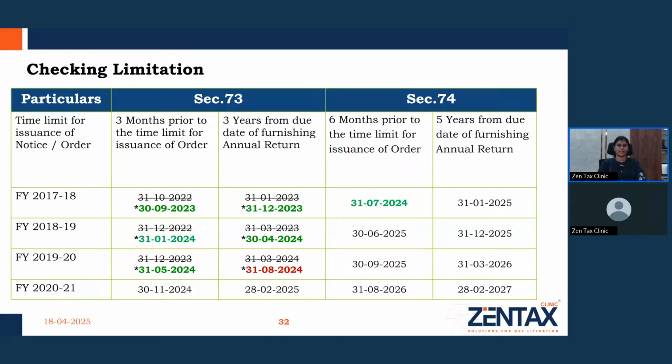Hence, for financial year 18-19 to 2021, we can expect orders in the upcoming years, as the time limit for financial year 2018-19 is 31st December 2025, for 19-20 is 31/3/2026, and for financial year 2021 is 28/2/2027. However, for issuing order within this time limit, an SCN has to be issued. That is, a notice has to be issued at least 6 months prior to such time limit for issuance of order.